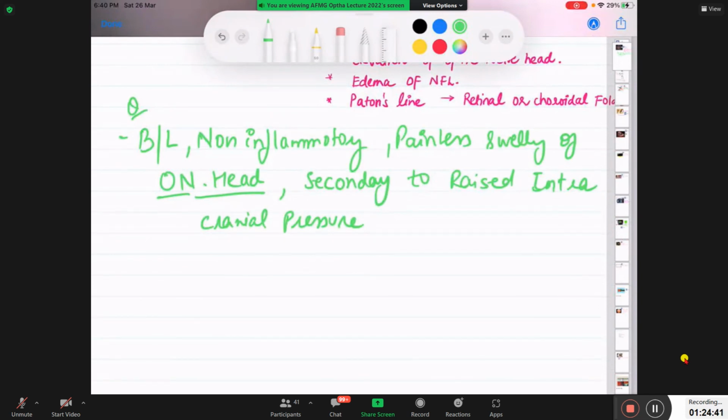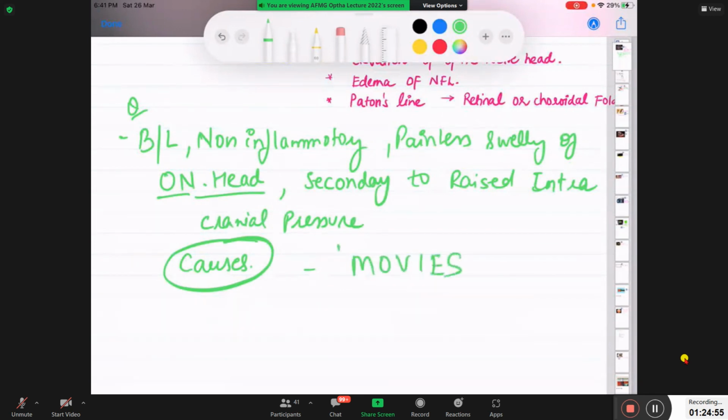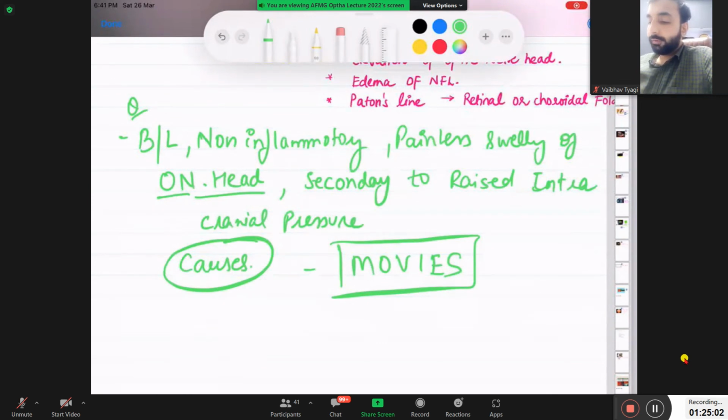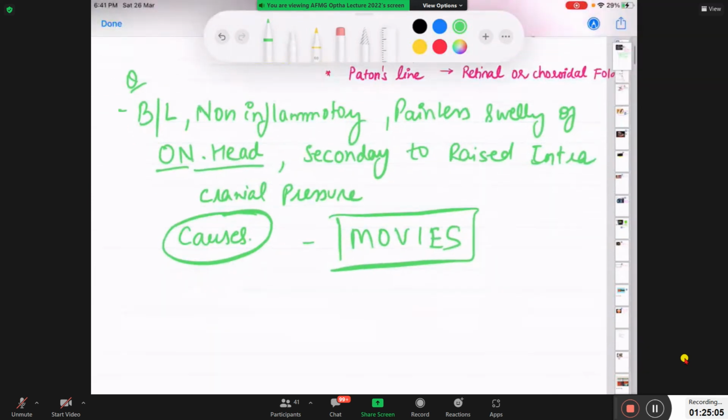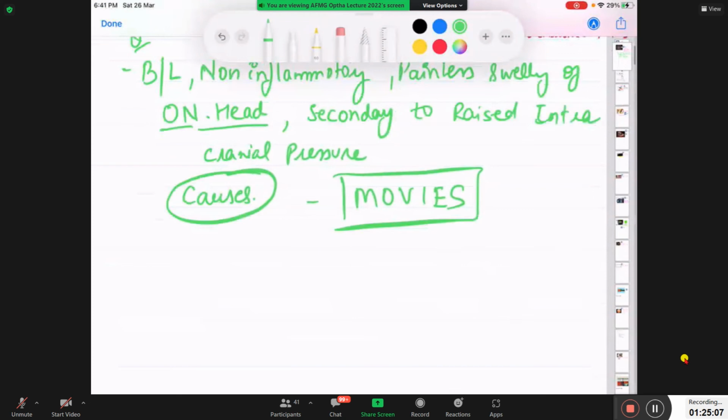Talking about causes of papilledema, write down the mnemonic. Mnemonic is MOVIES, where M stands for malignant hypertension. HTN is hypertension.